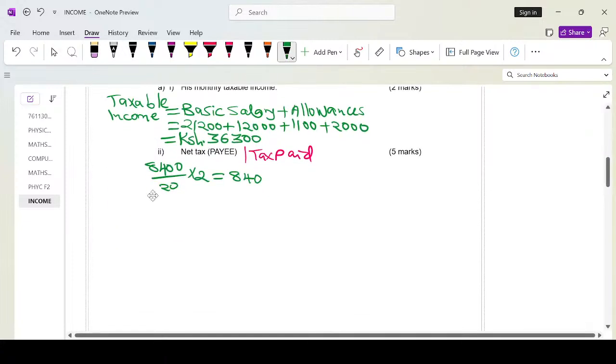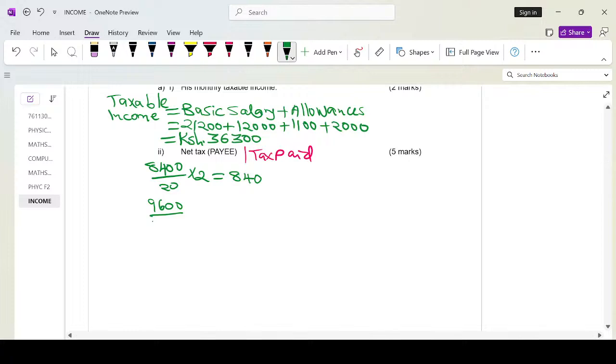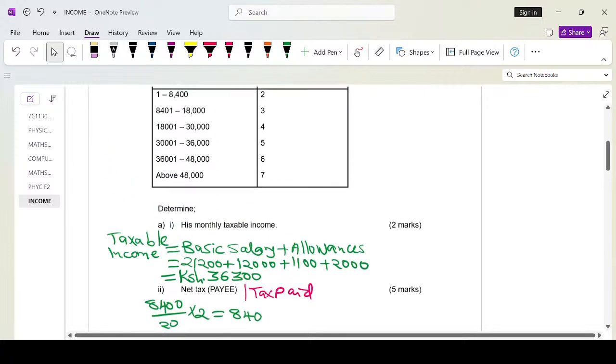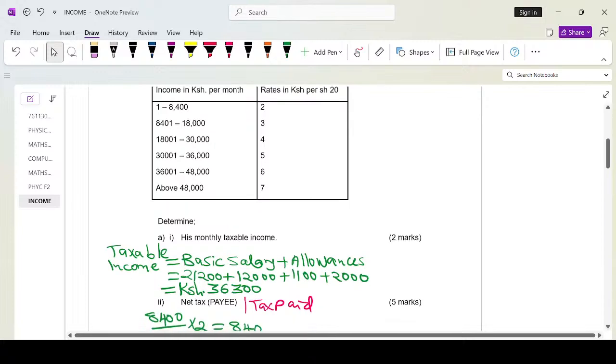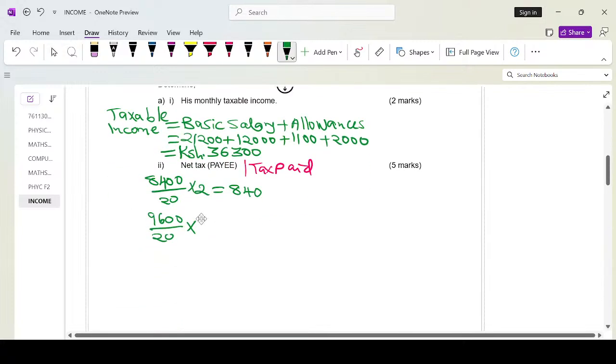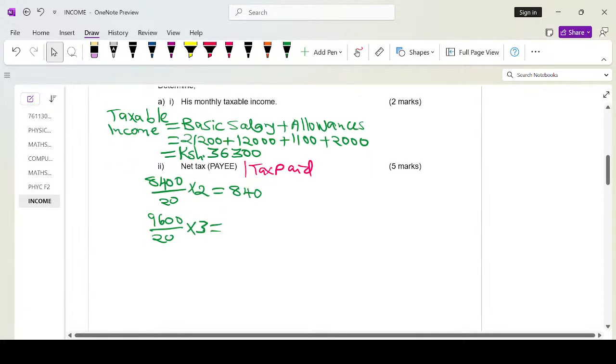So in that one, for every 20 shillings in the 9,600, we are charging 3 shillings. The tax there, when you do that multiplication, is 1,440.